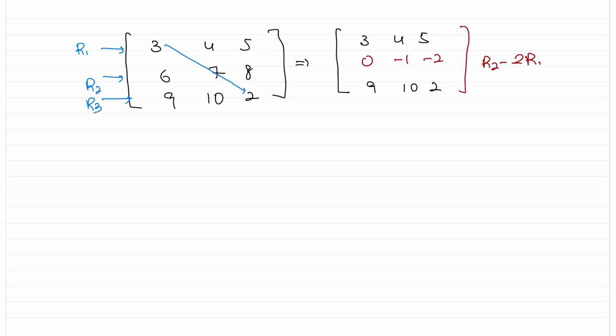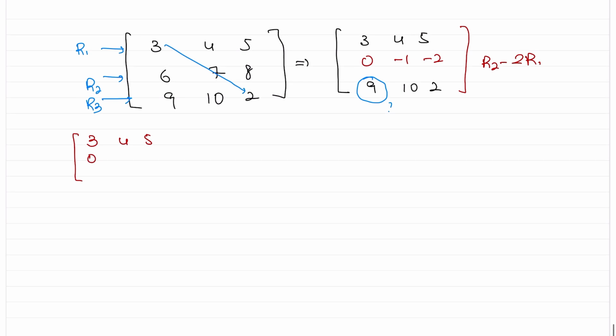I have to make R3 of the first column as 0. This I want to target and make it 0. For that what I have to do? R3 minus 3R1. I am operating on R3 with R1. That means my R1 will not change.